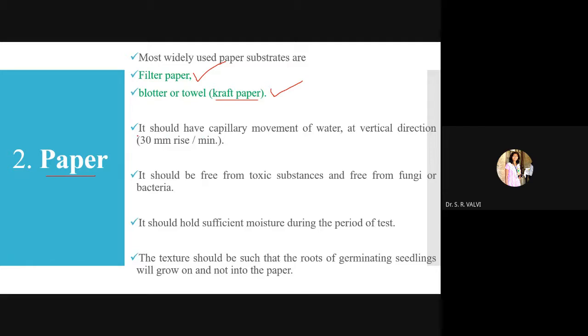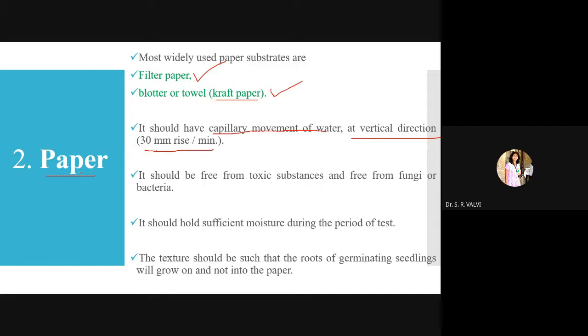It should have capillary movement of water in the vertical direction of 30 rise per minute. So this paper has this characteristic that the water is going to rise in a vertical direction. So it should be 30 rise per minute, right?